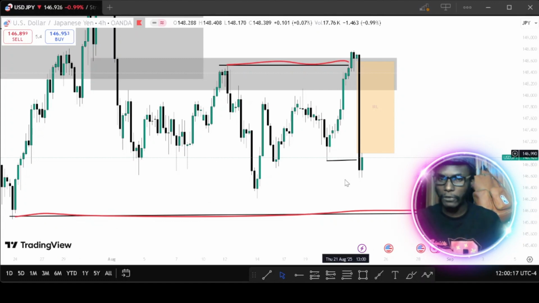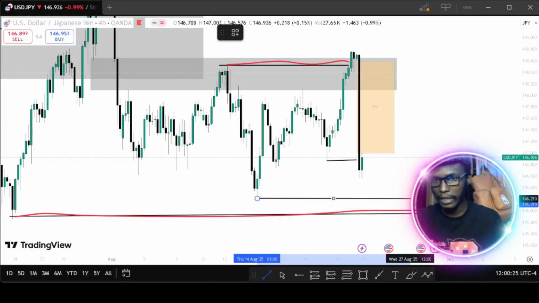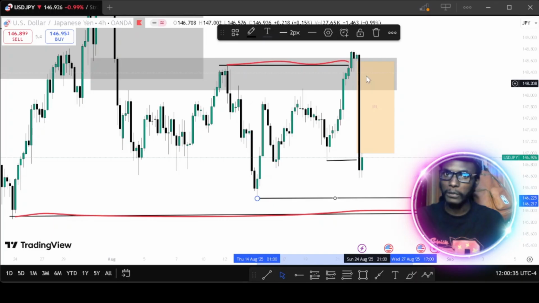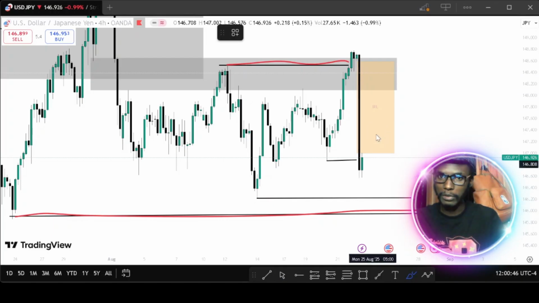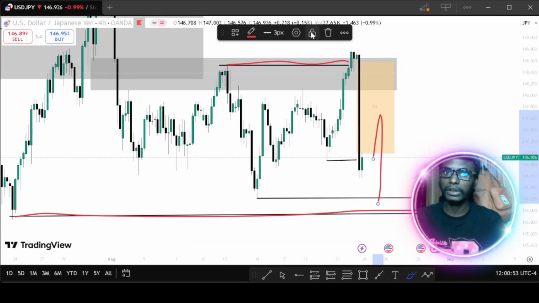But first of all, our first target will be this 4 hour swing low right here as our external range liquidity for the sell side. Price coming from this 4 hours fair value gap, from this internal range to the external range. This is our outlook for the coming week.